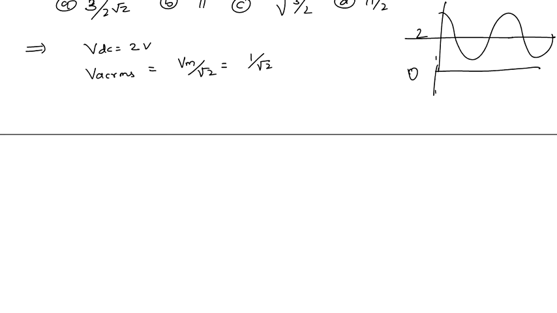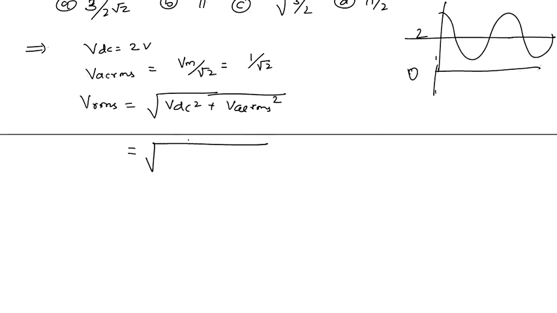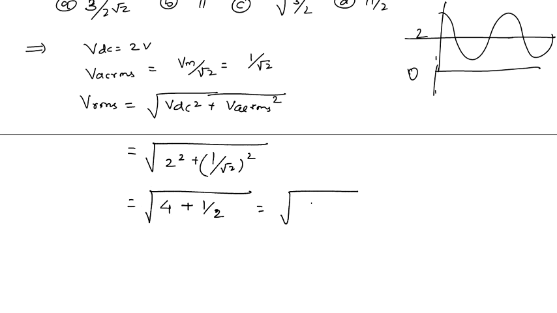Now the total RMS value will be the square root of VDC squared plus VAC RMS squared, which is the square root of 2 squared plus 1 by root 2 squared, which is the square root of 4 plus 1 by 2. It will be the square root of 9 by 2.